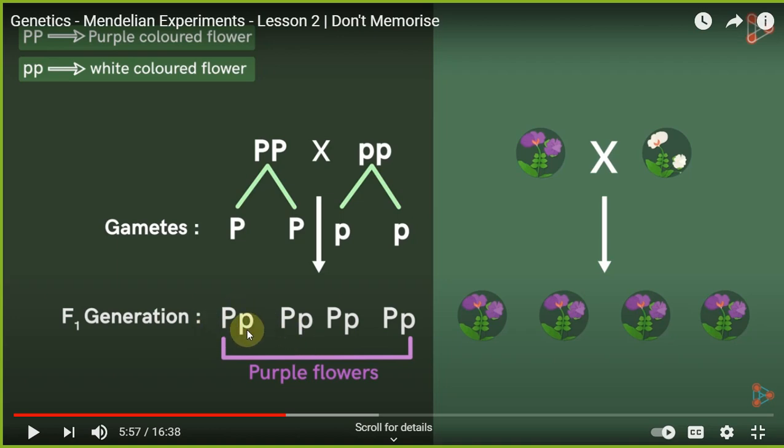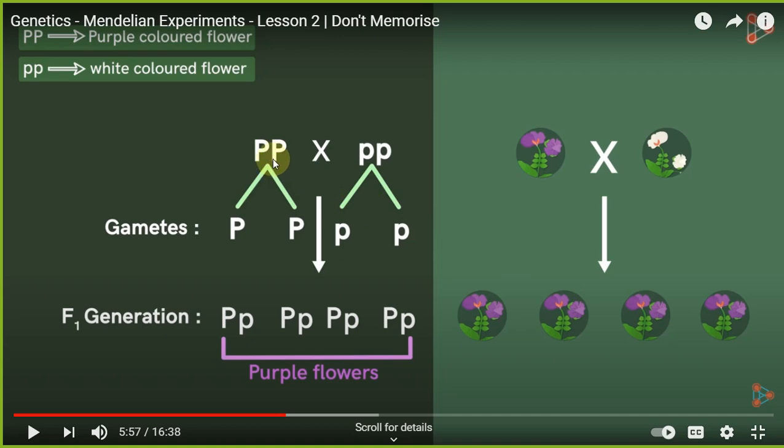You call this generation, class, heterozygotes. When we speak of heterozygotes, one is uppercase and the other is lowercase. Uppercase represents dominant trait. When we speak of dominant, if you combine uppercase and lowercase, the uppercase will be expressed. Same thing with this one, so the purple color is expressed.